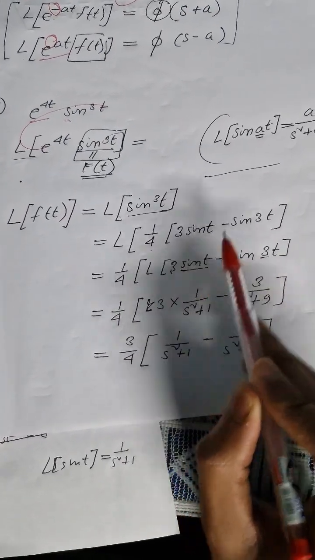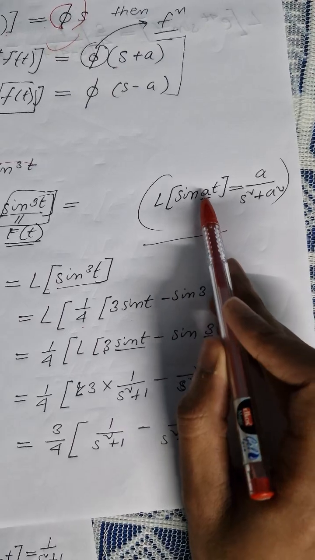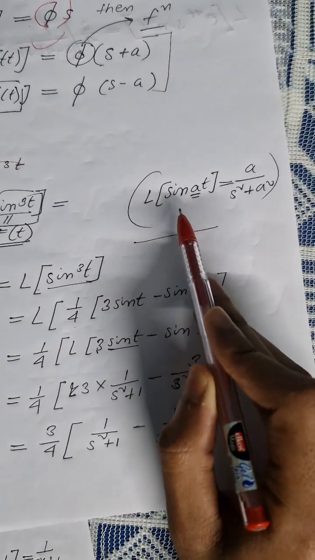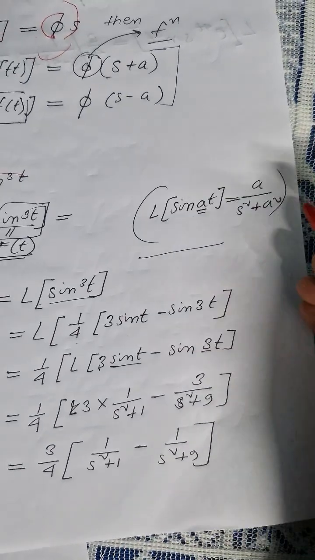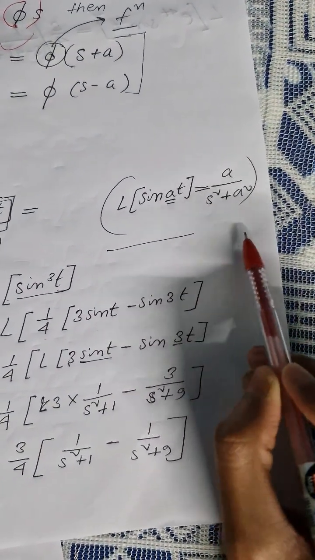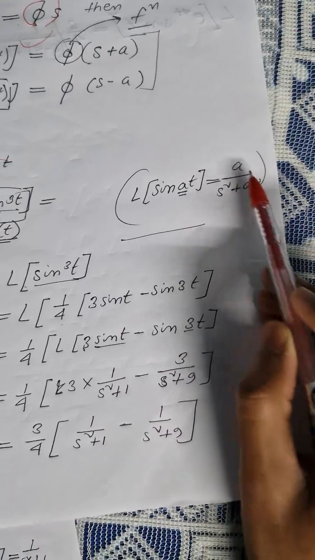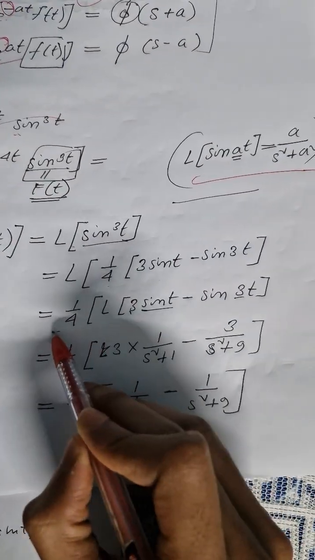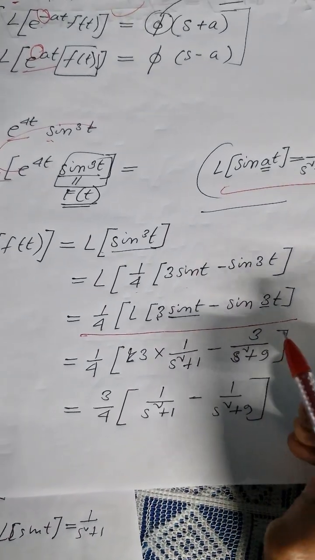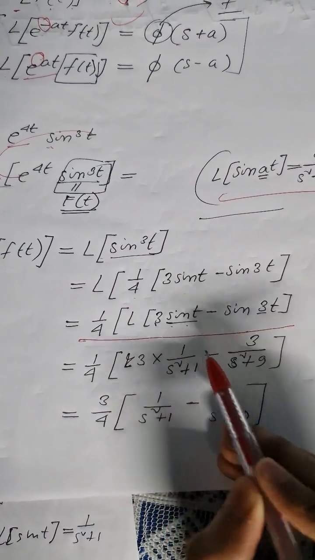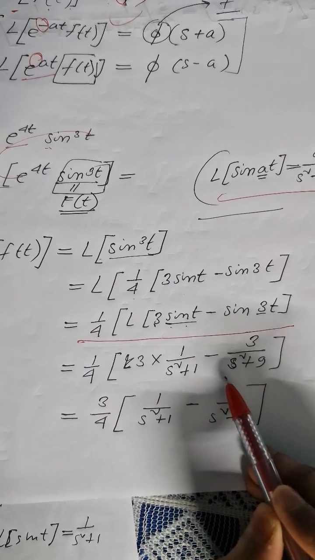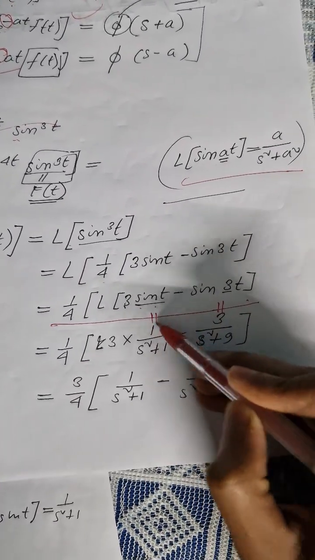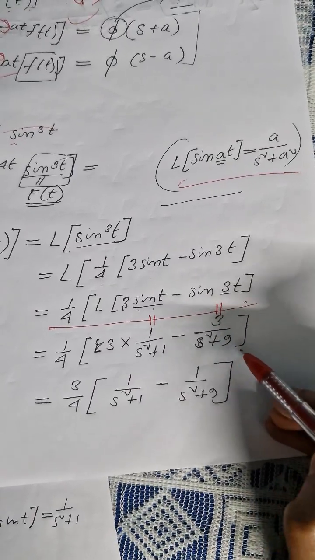We know Laplace of sine at, where a is any constant. We know this formula from earlier: Laplace of sine at equals a by s square plus a square. So when we relate this formula to this equation, sine t becomes 1 by s square plus 1, and sine 3t becomes 3 by s square plus 9.